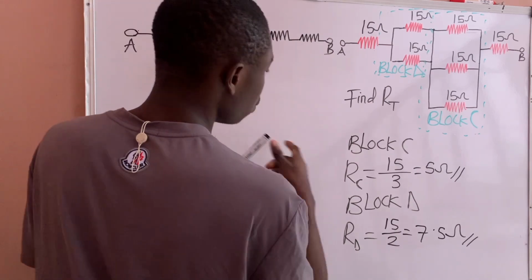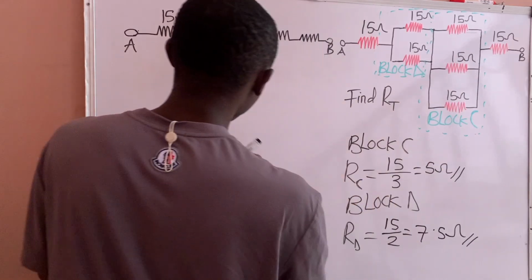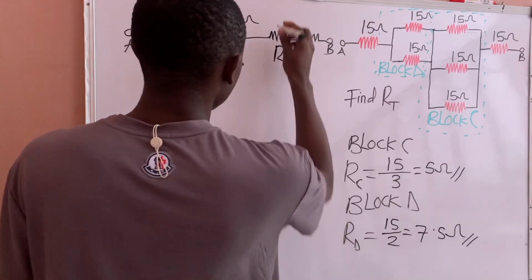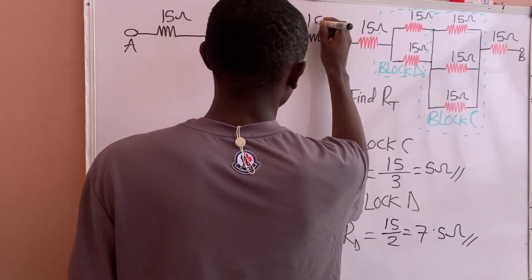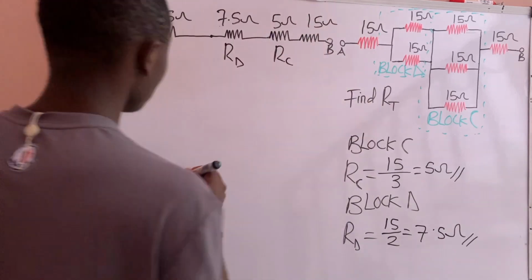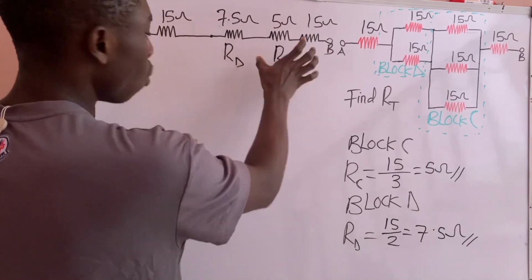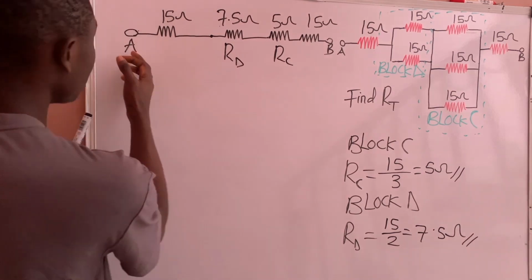And for block C, it will be ROC, and ROC was 5 ohms. And we have another 15 ohms. So at this point, we have reduced the circuit to a series circuit, so we can now find the total resistance between terminal A and B.